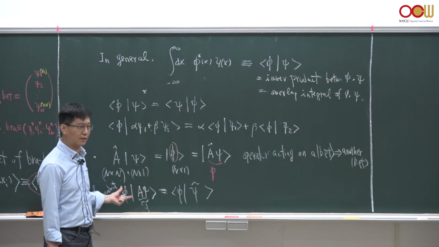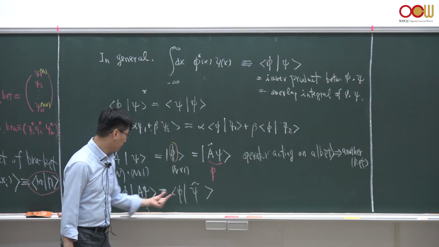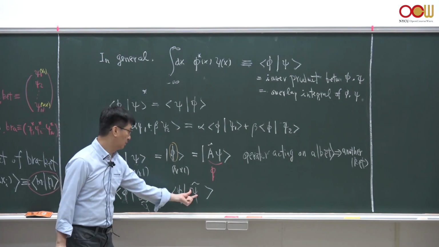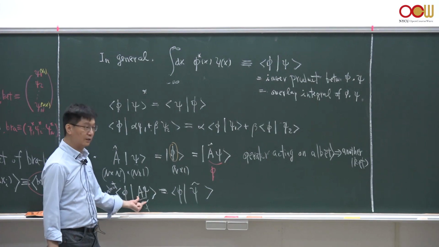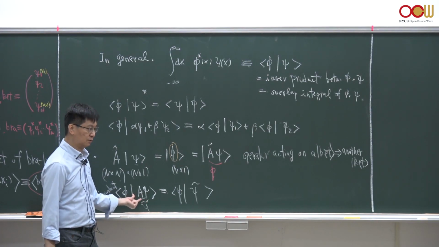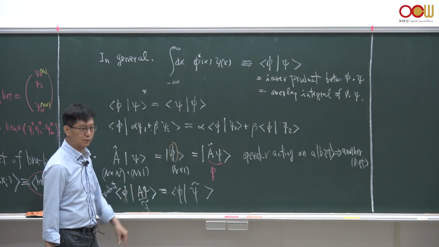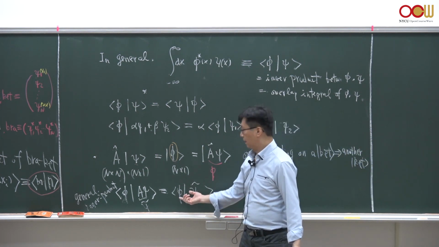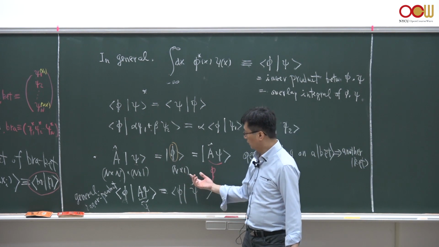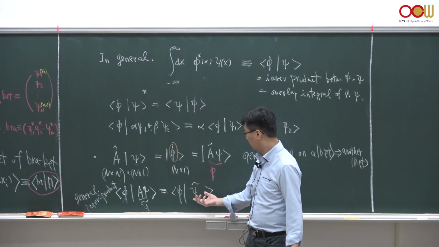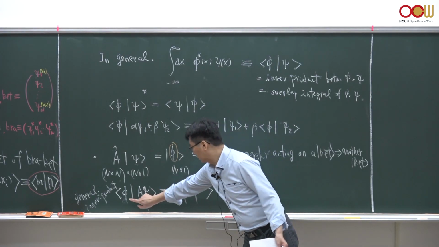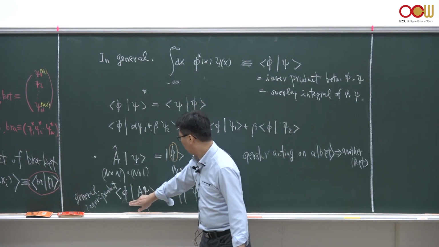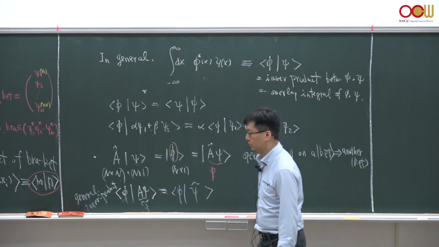Since this is another ket, which I call psi theta, I can simply replace psi theta by this quantum mechanical operation, which is A acting on psi. All right? So therefore, you can consider any quantum mechanical inner product like this as if this operation really happened like this on the left-hand side.